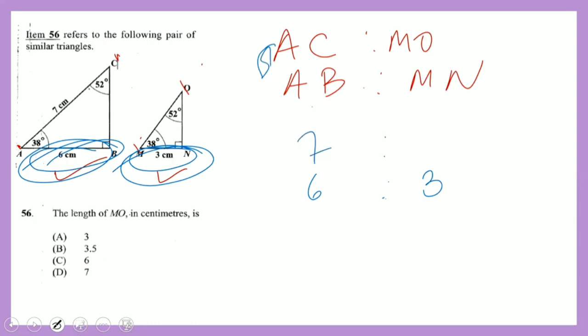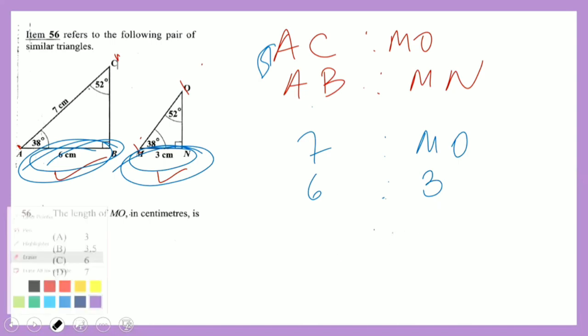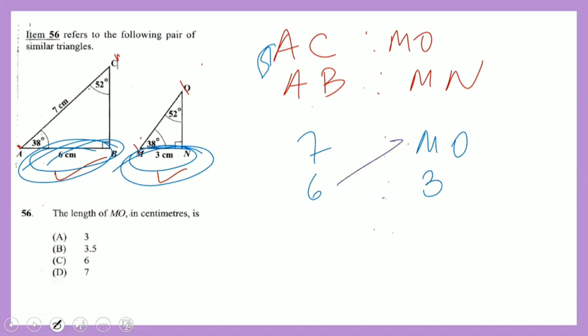We don't know what MO is. And as I said, you can look here and say 6 divided by 2 gives you 3. So you can divide 7 by 2. If you didn't pick that up, then you're going to go ahead and use cross products for the ratios. And when those cross products are equal, 6 times MO is equal to 7 times 3.